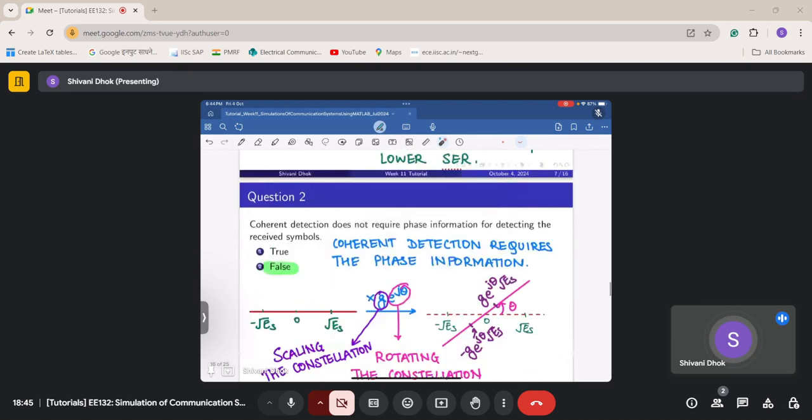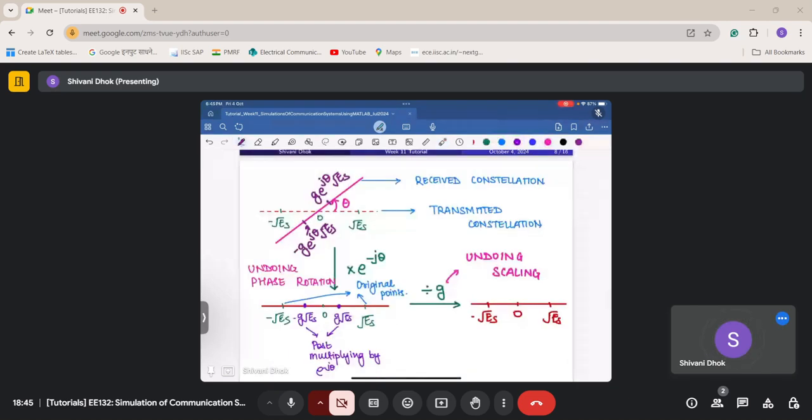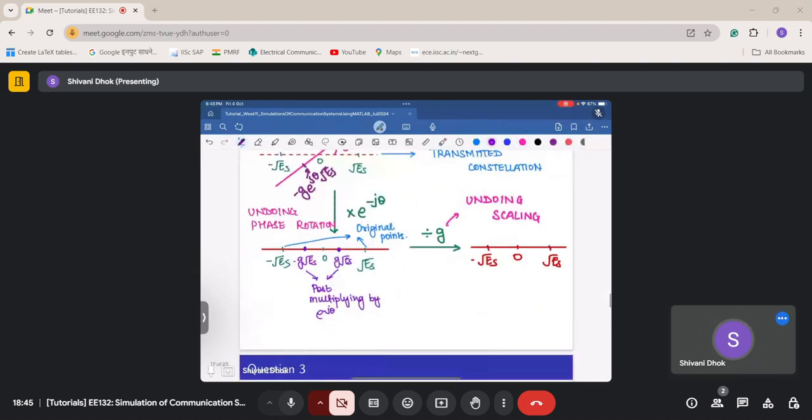So for coherent detection, this requires the phase information. In order to do this part, for doing this, we need to know theta.